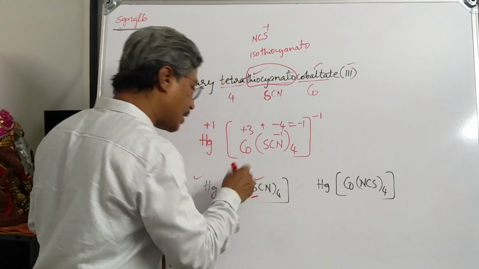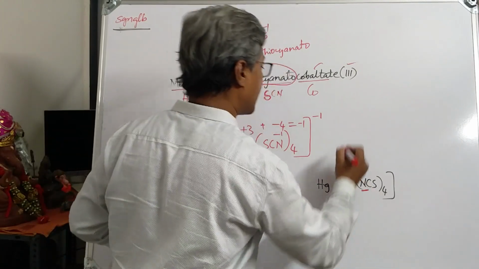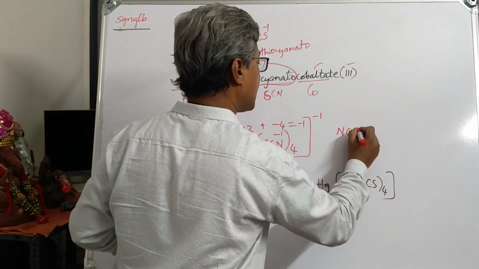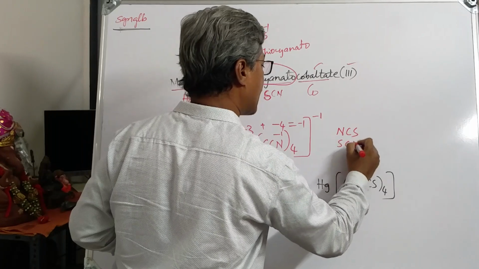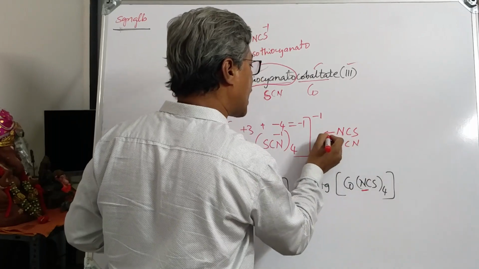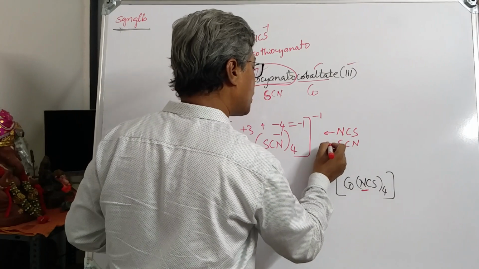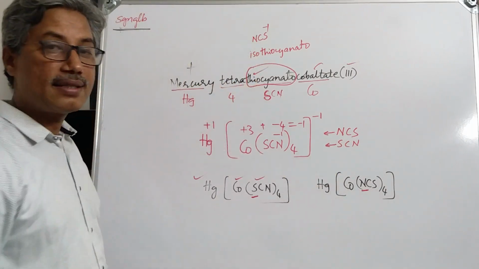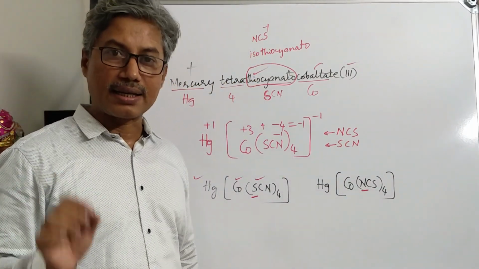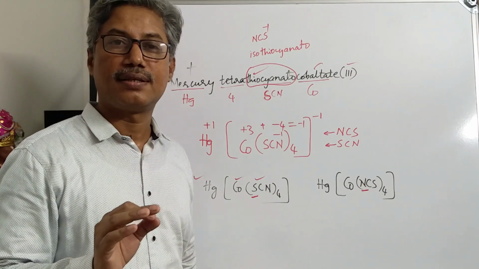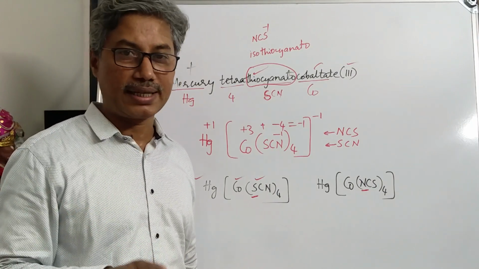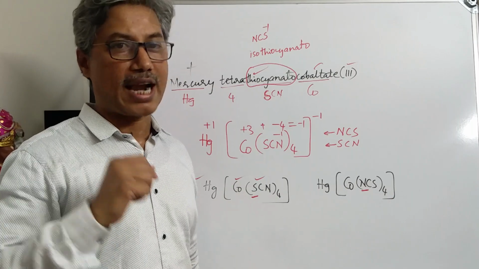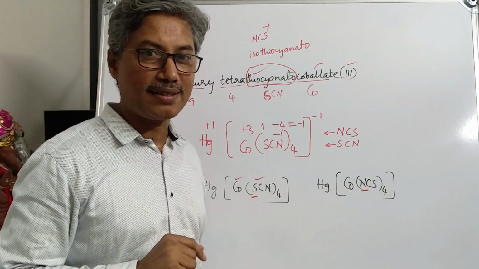Here sulfur is written first, here nitrogen is written first. SCN and NCS: this is the donor atom out of these three, and this is the donor atom out of these three. That means in the ambidentate ligand case, first that atom should be represented which is acting as the donor atom. Isn't it an important one?